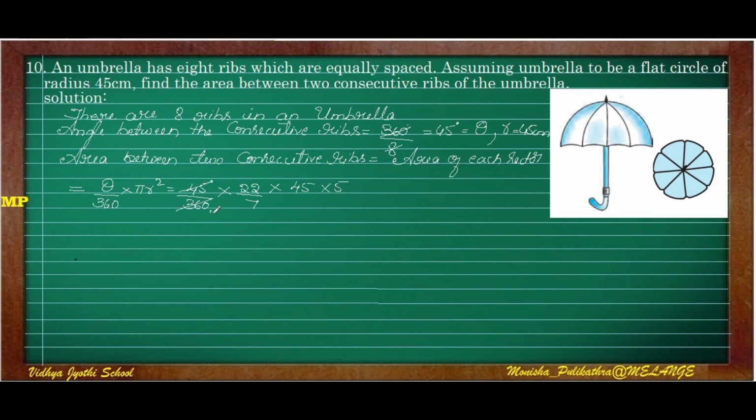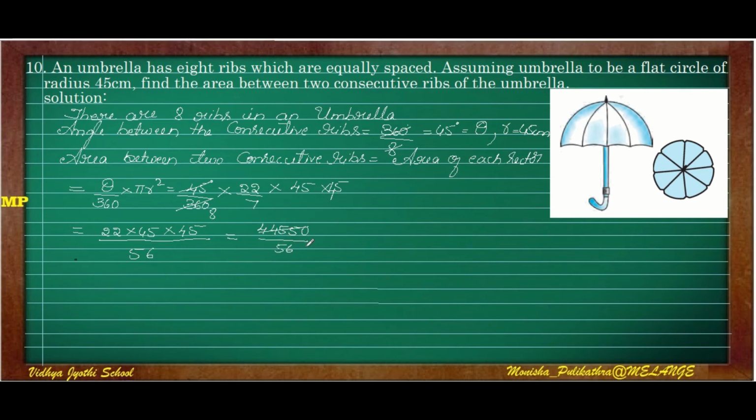So here it is 8. So next we will get 22 into 45. Sorry, here we have to write 45. 45 into 45, whole divided by 8 sevens are 56. So by multiplication you will get 44550 divided by 56.